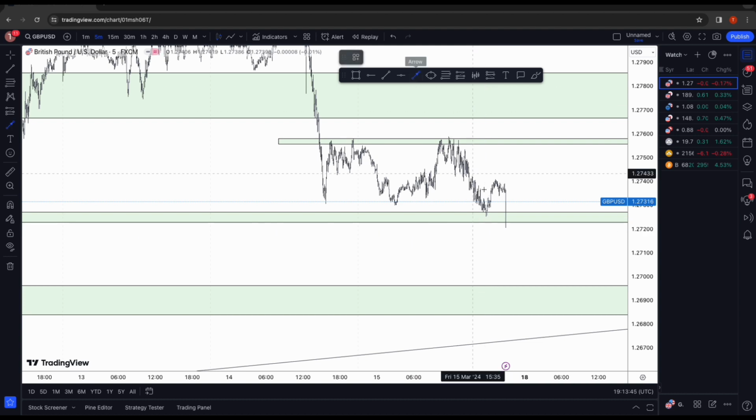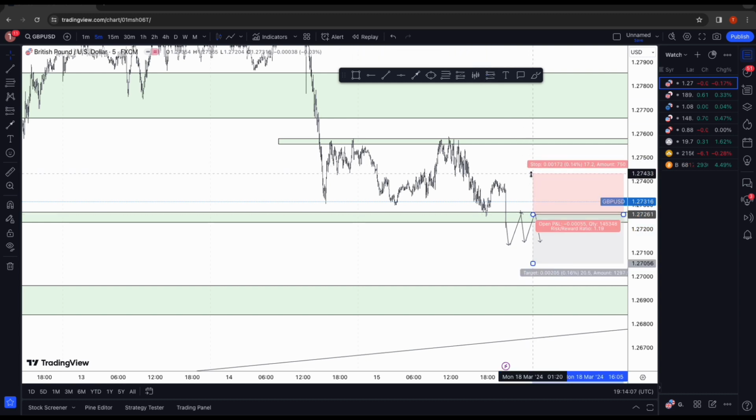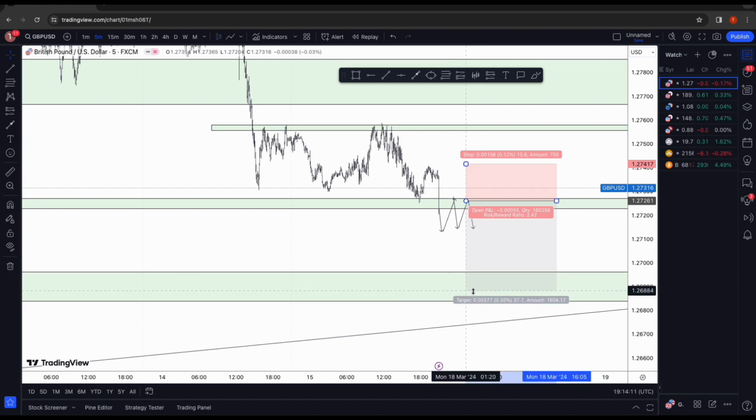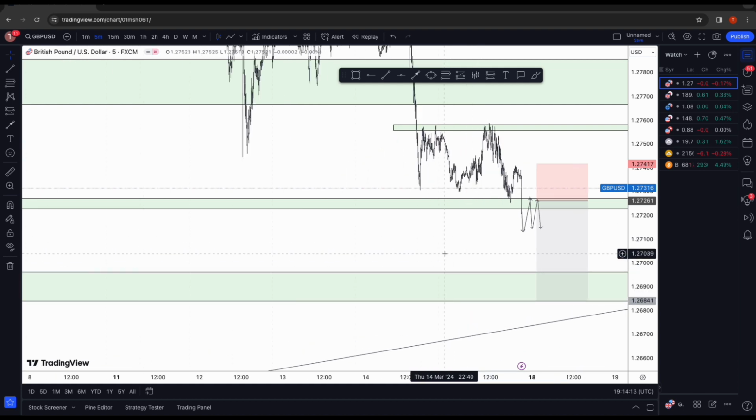If price closes strongly below here and some sort of pullback and a bit of accumulation and maybe some wicks to the upside around this area, I would aim for shorts, stop loss above there. I would aim to come down to here, maybe a little bit further.